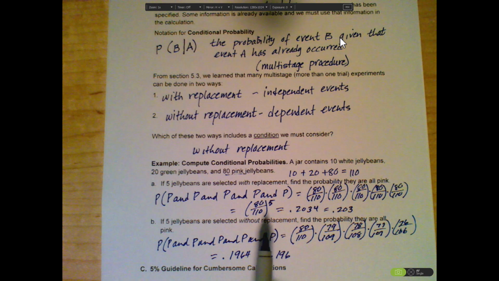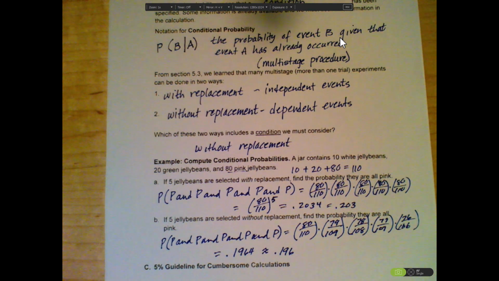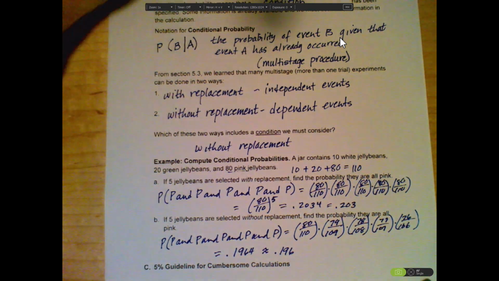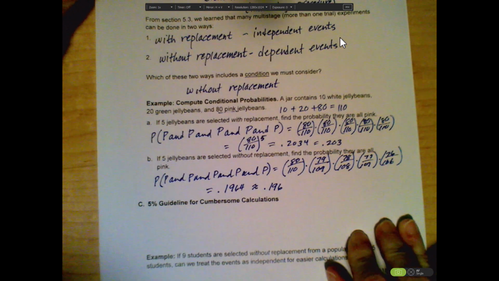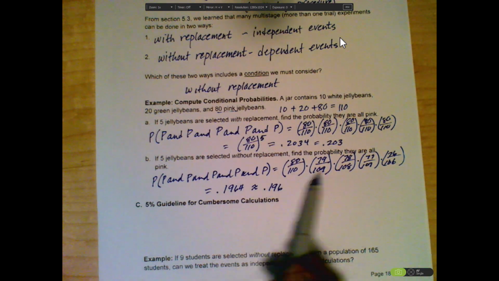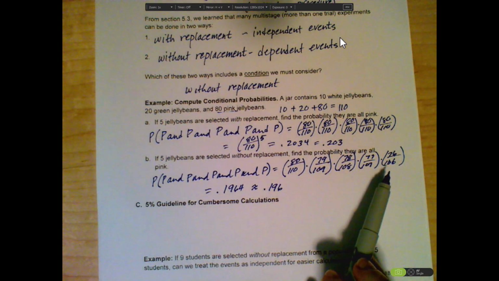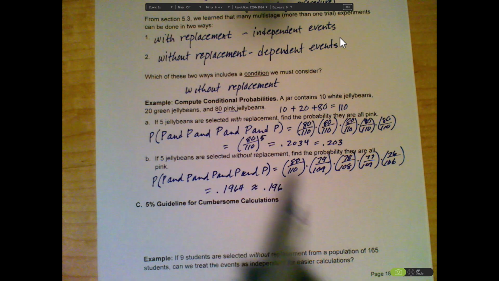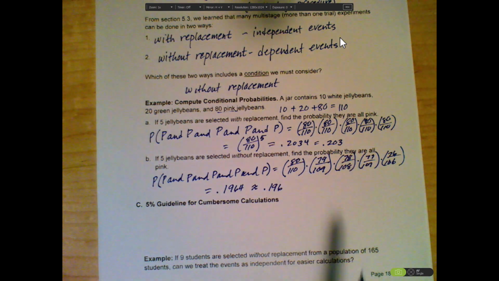And therefore they have something called the 5% guideline for cumbersome calculations. Would you agree with me that this is a bit cumbersome? Yes. And what if it were 10 jelly beans? What a pain, right?